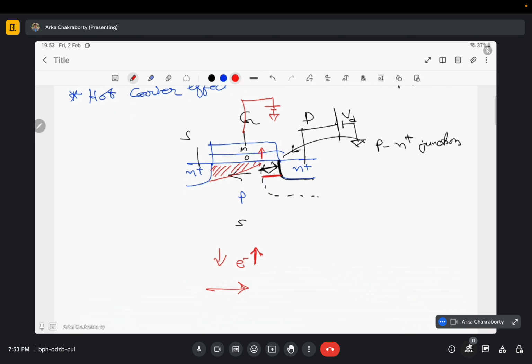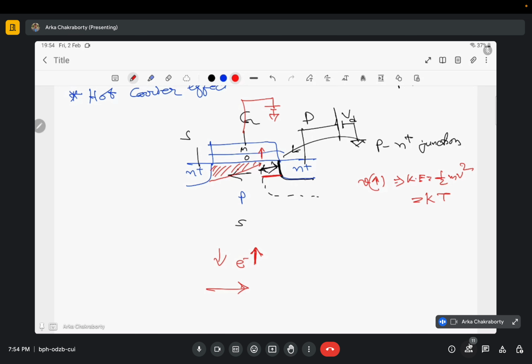Sometimes the carriers gain so much velocity due to this space charge region electric field that we start calling them hot. Why hot? Because their velocity increases, and their kinetic energy is half mv squared, so the kinetic energy also increases.